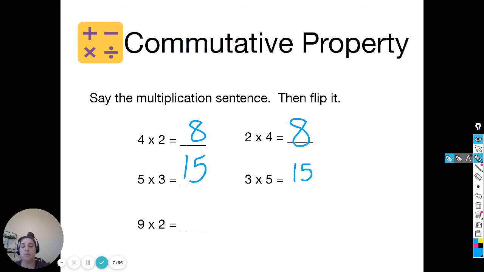All right, this next one is 9 times 2, so you're counting by 2's 9 times. Go ahead and solve that on your whiteboard for me. Message me the answer in GoGuardian when you have it.